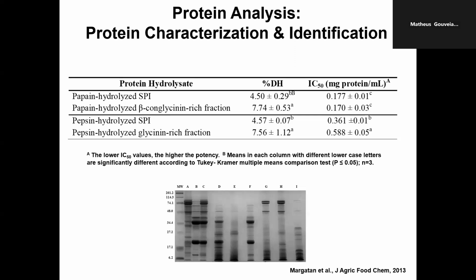So I stands for inhibition and C stands for concentration, and 50 is the concentration that causes 50% inhibition. That's what it is. Now, the inhibition can be of anything, but in this particular case, we were looking at the inhibition of a particular enzyme, and we tested that in vitro.